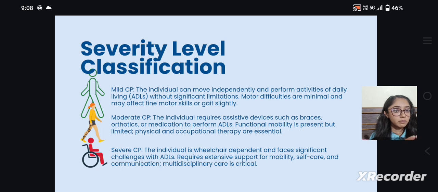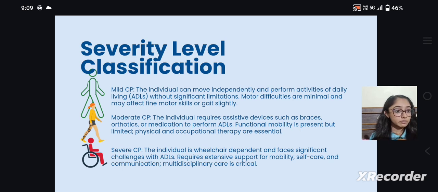So first one is mild CP. The individual can move independently and perform activities of daily living, ADLs, without significant limitations. Motor difficulties are minimal and may affect the fine motor skills or gait slightly. Then moderate CP. The individual requires assistive devices such as braces, orthotics or medication to perform ADLs.